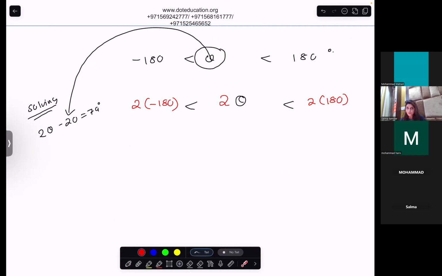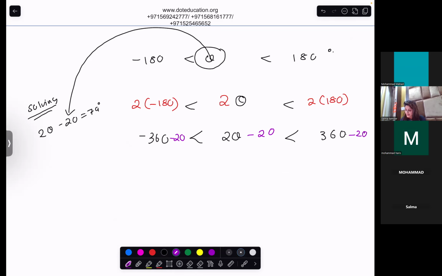So this makes it minus 360 less than 2 theta less than 360. I'm solving for 2 theta minus 20, so this is going to be minus 20, minus 20, minus 20.